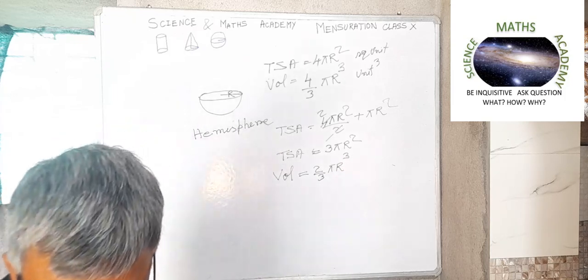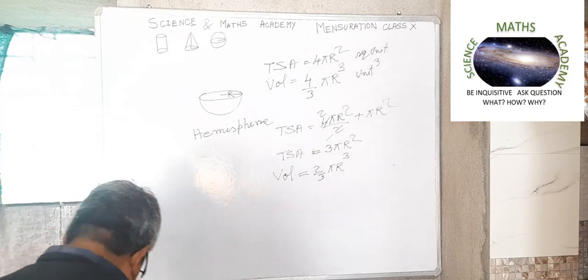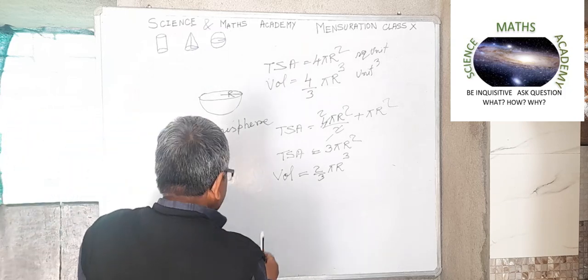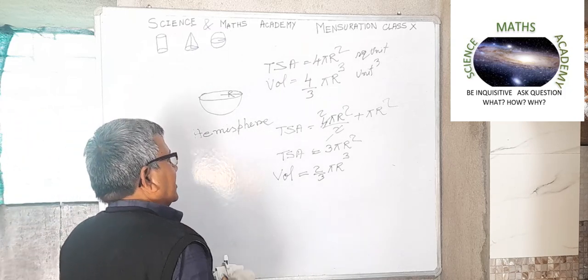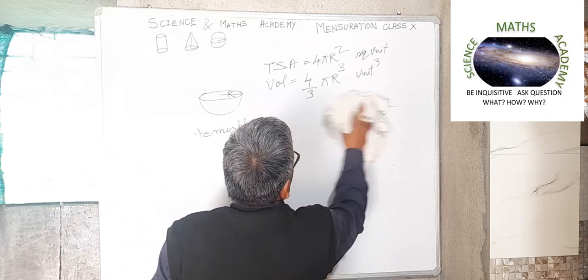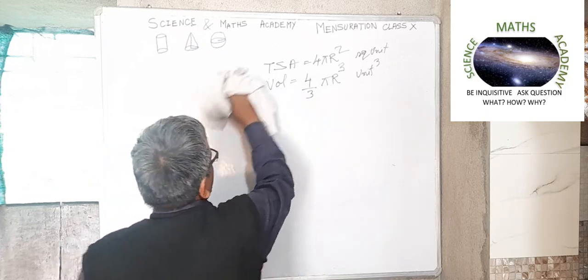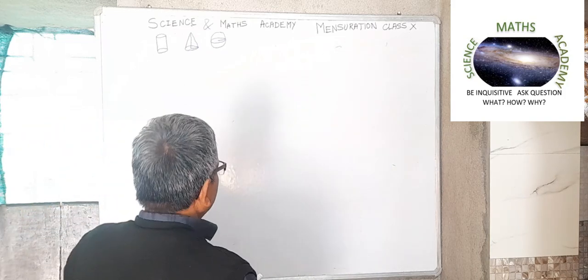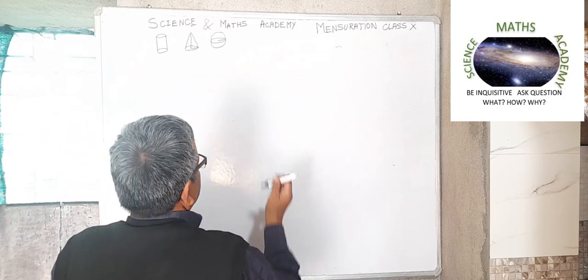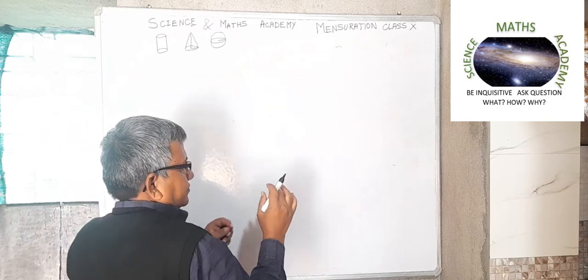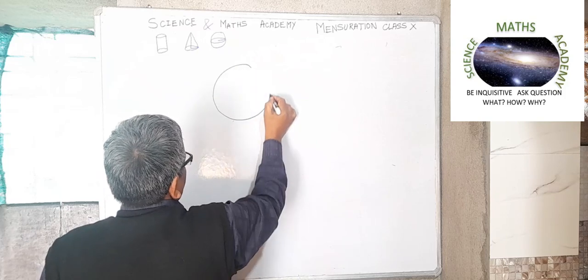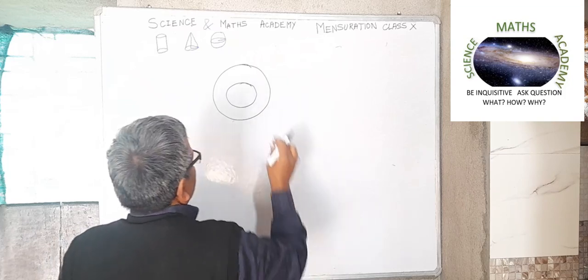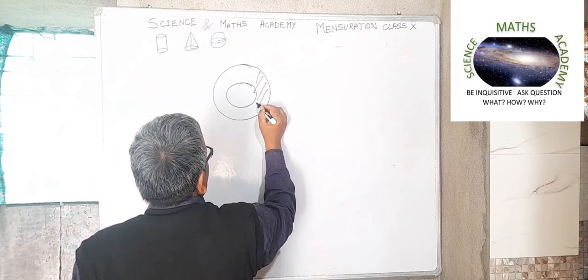Complete. Now we are going to another part. That is, if it is a hollow sphere, like your canvas ball, if it is damaged or if you cut it, you will see this is the material part.